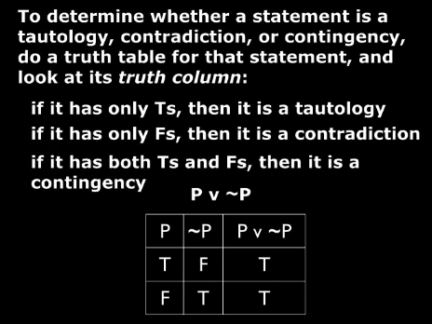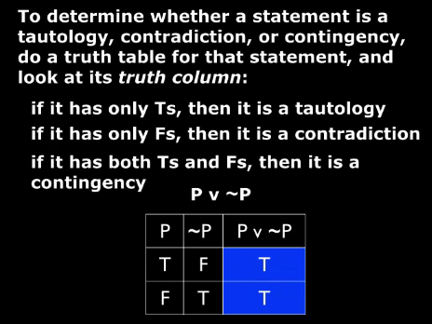In this case, that's our truth column for P or not P, and you can see it's got only T's. Therefore, it's a tautology. Now this statement is a contradiction, and you might be able to tell just by looking at it if you understand the conjunction truth function. Remember, a conjunction is only true when both conjuncts are true at the same time. Because one conjunct is the negation of the other, they can't both be true.